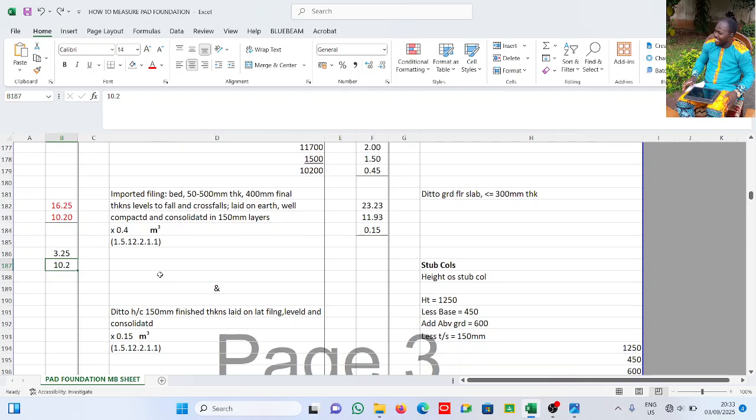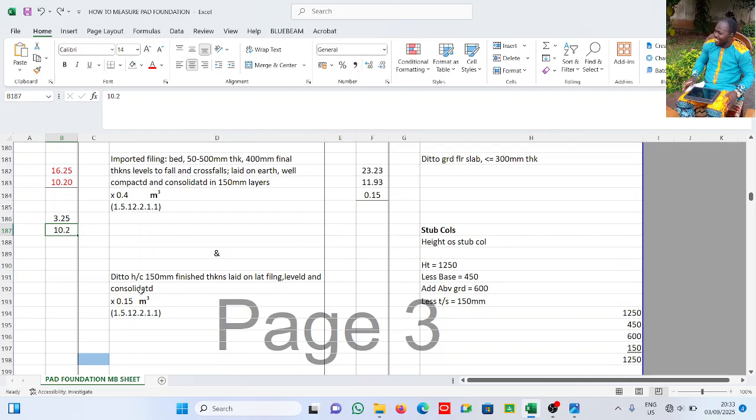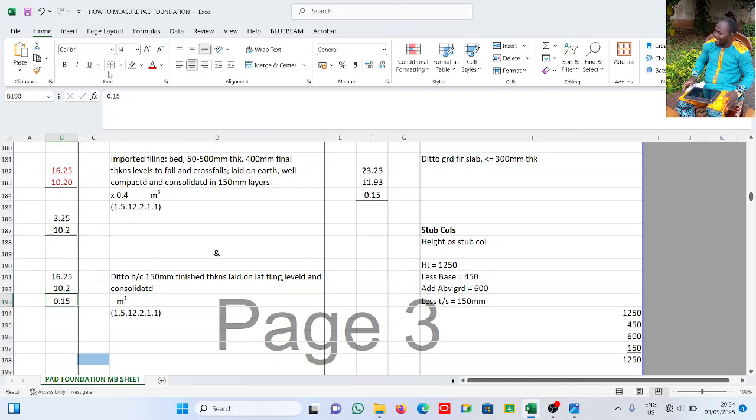All right. Excuse me. Now I am using this for hardcore. But now hardcore is not 400, it is now 150. If I say no, I don't want to do it like that, and I come here and I put 16.25 by 10.2 by 0.15, and I remove this, what I put here, I am very correct, 101%.